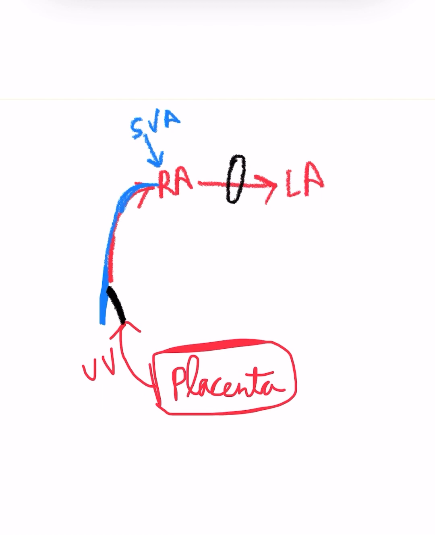Once the right atrium is contracting, with the help of the tricuspid valve, blood is poured from the right atrium to the right ventricle. In the right ventricle, we have the main outflow tract, that is the pulmonary artery.